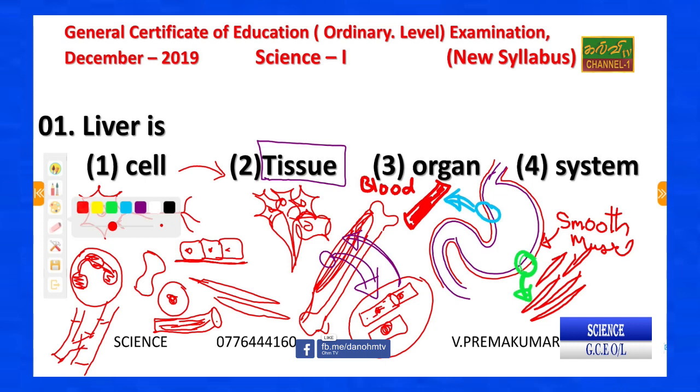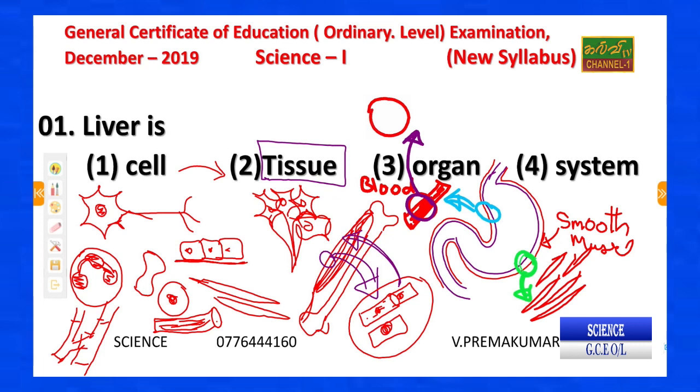If you analyze the blood, you can find it has so many blood cells, say WBC and RBC, dumbbell shaped, and platelets. There are different kinds of cells in the blood.